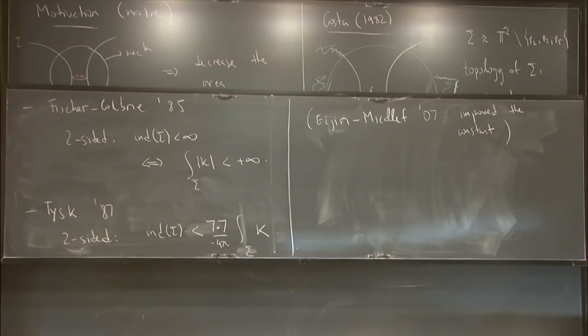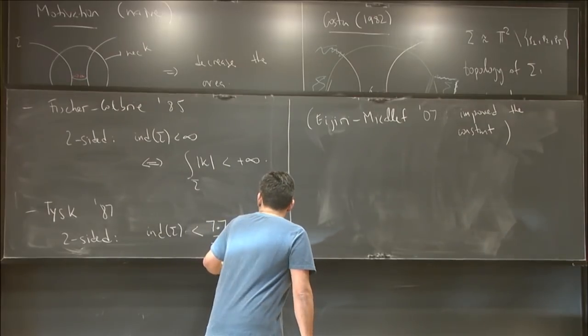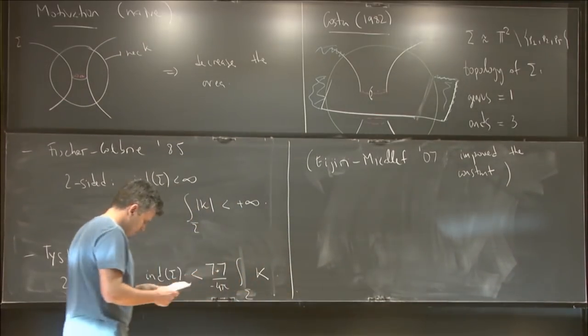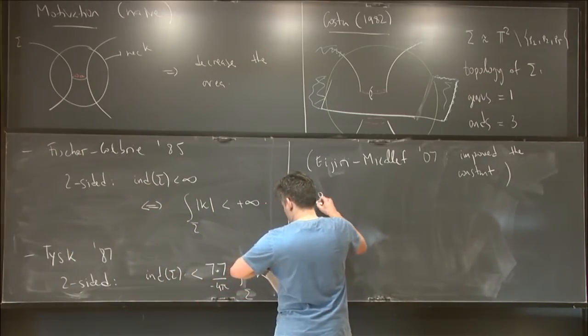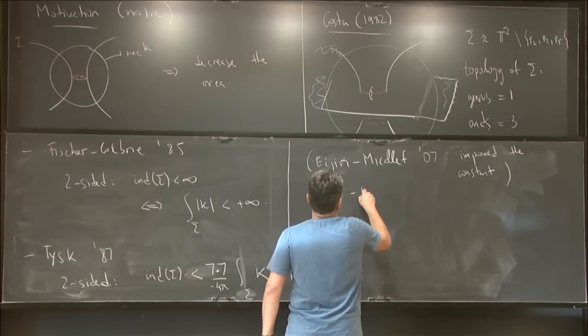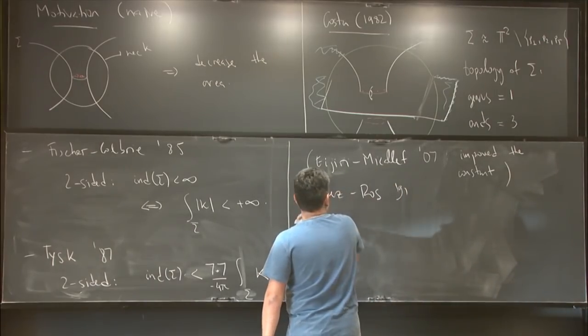So that's one of the motivations for that question that I posed, question 1. I'll come to that later. I just have a couple more results before I get to where I want to be.